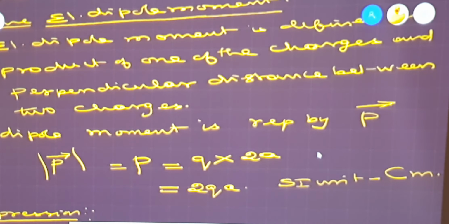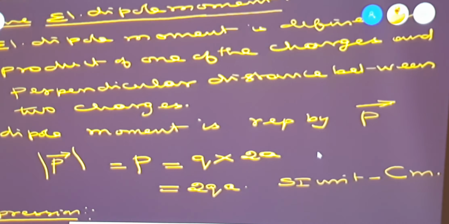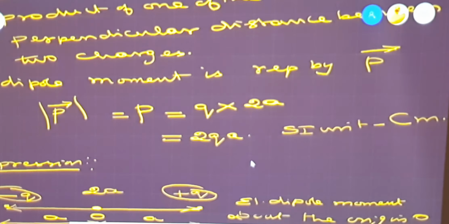So P vector, or modulus of P vector, is P, which is equal to one of the charges Q multiplied by 2A, the product of charge and distance, so we can write it as 2QA. And the SI unit is coulomb meter.